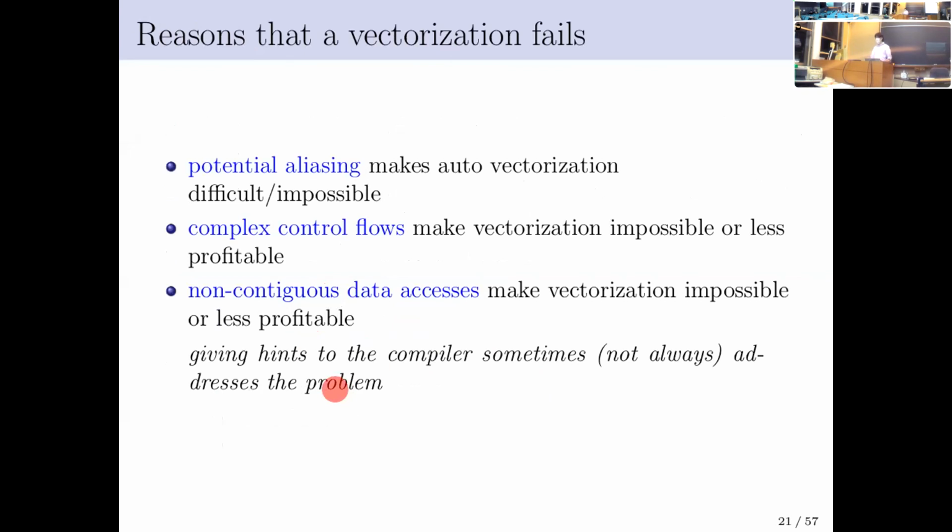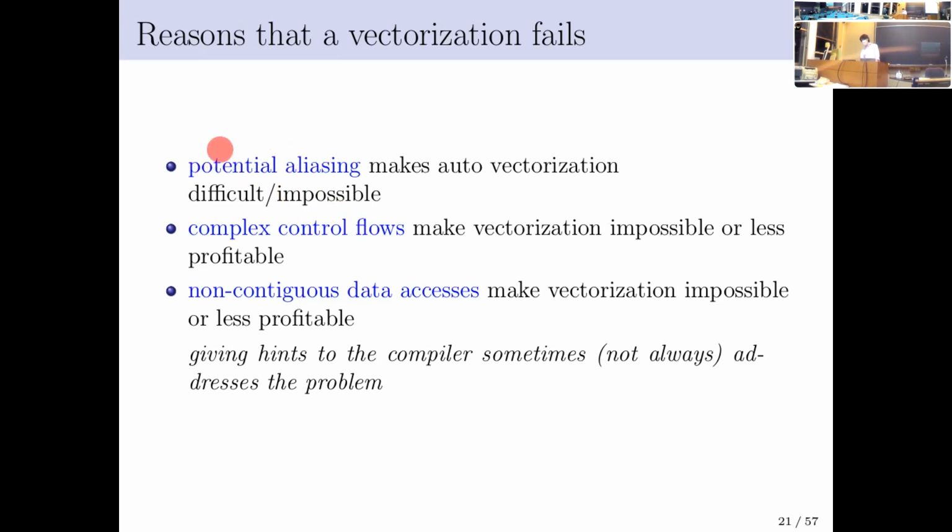So there are so many reasons that vectorization fails. And actually, if you simply write an arbitrary loop, chances are that it almost certainly fails. Only a loop that you carefully write so that vectorization will succeed can be vectorized in practice. You'll see this in the Jupyter notebook.